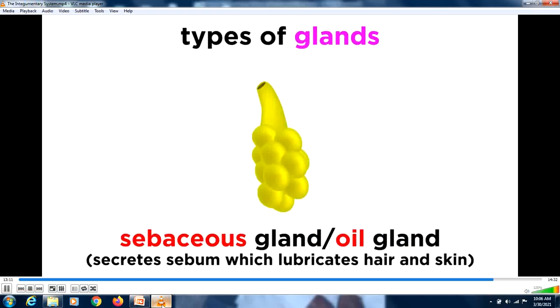Beyond sweat glands, there are sebaceous glands, also known as oil glands. These are branched alveolar glands that secrete sebum, which is made of oily lipids. This will soften and lubricate hair and skin, slowing water loss and killing certain bacteria.